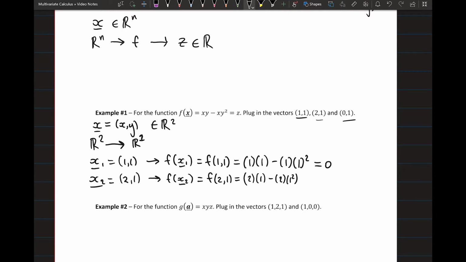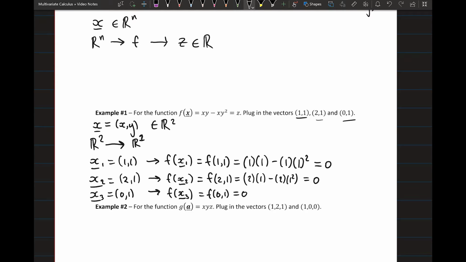And again, this gives 0. And of course we have x3 that is equal to (0, 1). That is put through the same function again. And in this result, we also get 0.